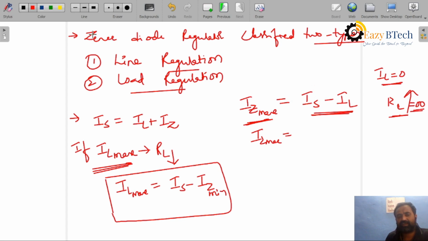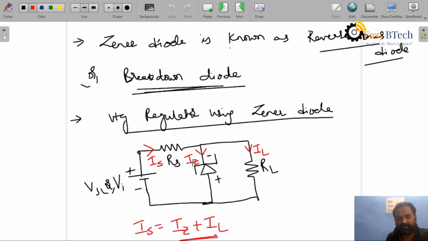From the diagram, Is is equal to Vs minus Vz by Rs.